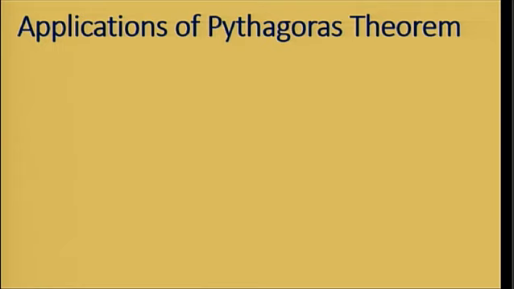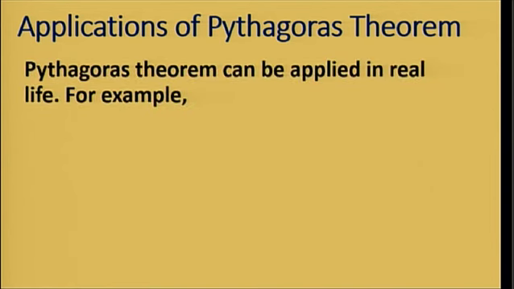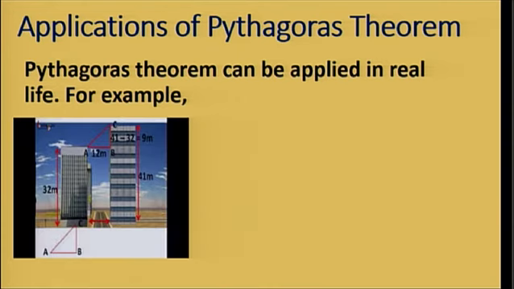In today's lesson, we are going to have a look at the applications of Pythagoras theorem. Pythagoras theorem can be applied in real life. For example, here you can see two buildings, and if I want to find the distance between these two, I can make use of Pythagoras theorem because I have what we call the right angle triangle.